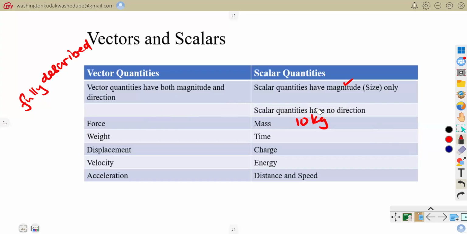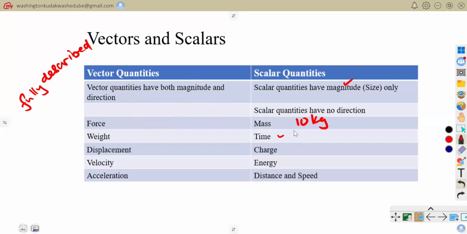That is what we refer to as scalar quantities: quantities in which you only mention their magnitude. They have no direction. So the difference between scalar quantities and vector quantities is that scalar quantities have no direction, but for vector quantities you need to mention both magnitude and direction. Another example of a scalar quantity is time.